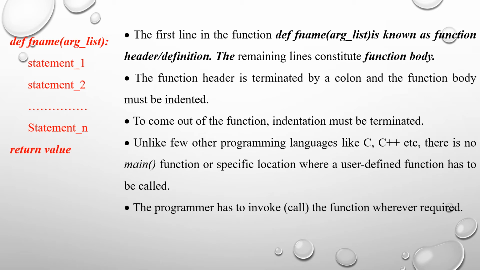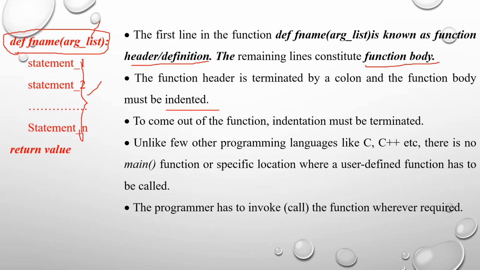The first line in the function, def fname of argument list, is known as the function header or definition. The remaining lines constitute the function body. The function header is terminated by a colon and the function body must be indented.